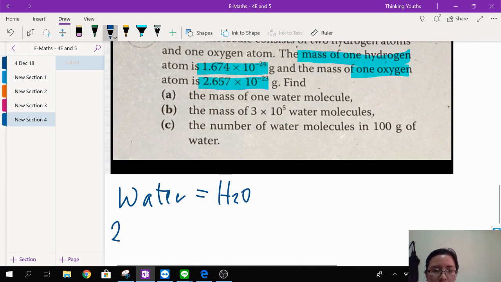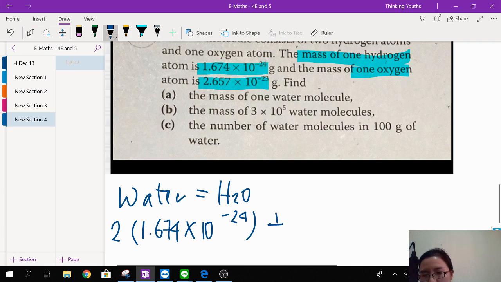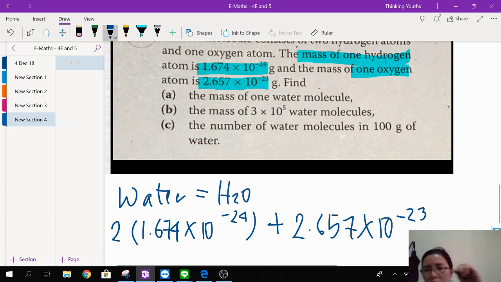So we will need to take 2 multiplied by hydrogen, which is 1.674 times 10 the power of negative 24, plus 1 oxygen, 2.657 times 10 the power of negative 23.